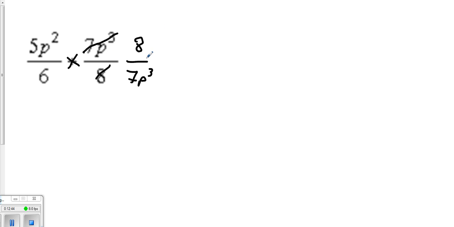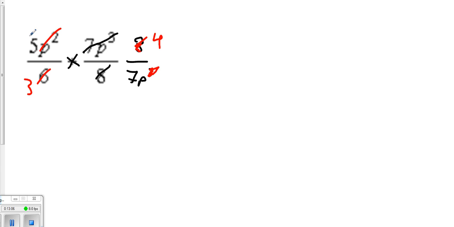Now we can just cancel or simplify things as we did before. p squared takes 2 away from here, so we just have p on bottom. Out of the 6 and the 8, we can take 2 away, so we have 3 and 4. And I think that's it for simplifying.